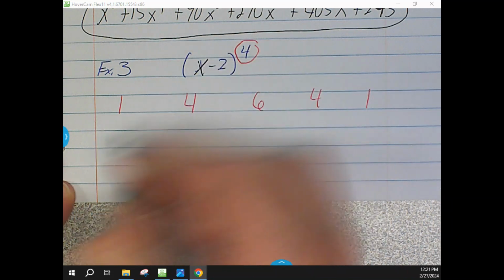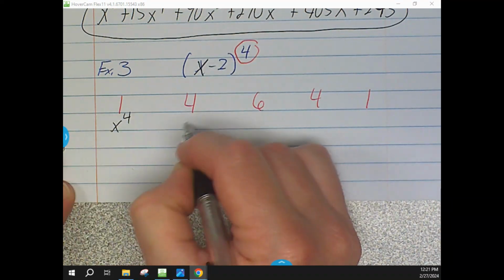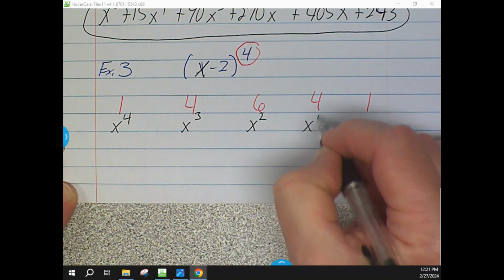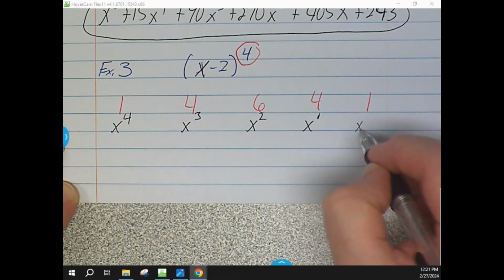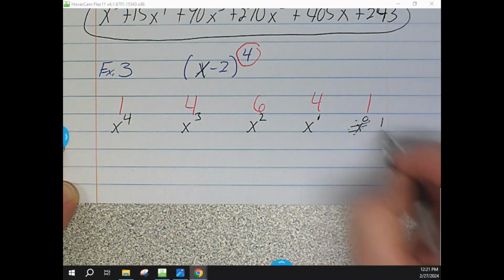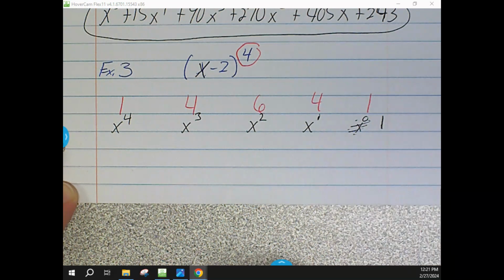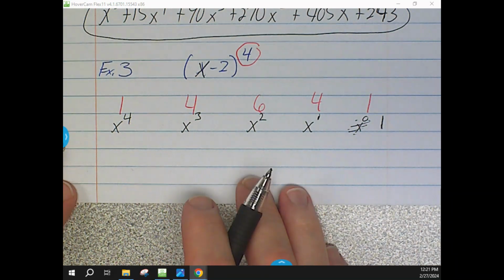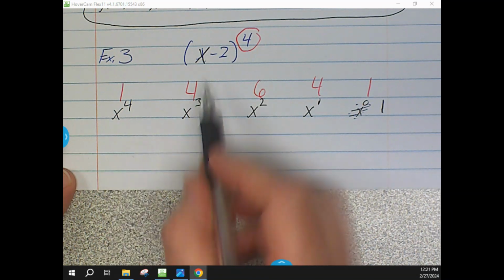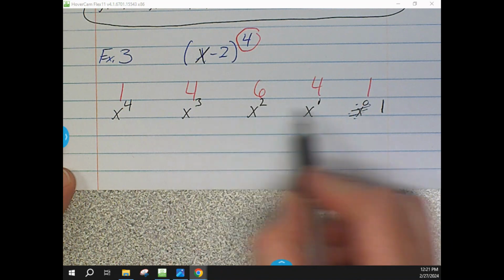Okay, so for the x, we're going to count it down. X to the fourth, x to the third, x to the second, x to the first. And on this one, if you want to put x to the 0, go ahead and scratch that out and just make that a 1, that's okay. Okay, so again, with the first one, we're going to count it down, 4, 3, 2, 1, 0.